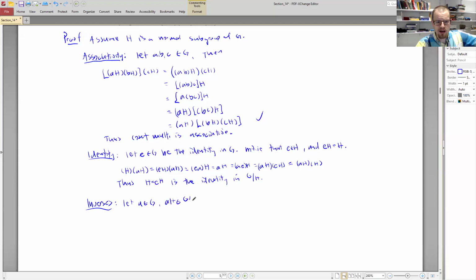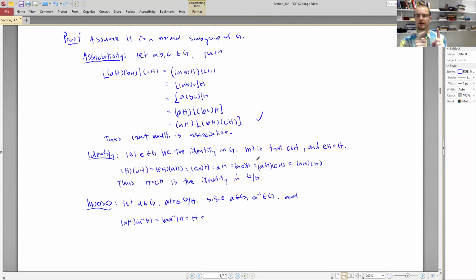So this is in G mod H. Since A is an element of G, A inverse is also an element of G. To write this nicely, we can have it as A times H times A inverse H is equal to A times A inverse H, which is just H, the identity element.